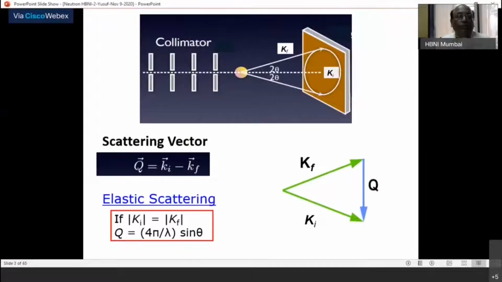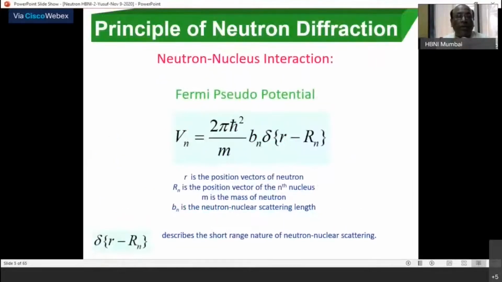Of course, I didn't give complex examples, because down the line you will see many such examples of the use of neutrons in magnetism. I continued that, and then I started with the fundamentals of neutron scattering, how neutrons can deal with magnetic materials.